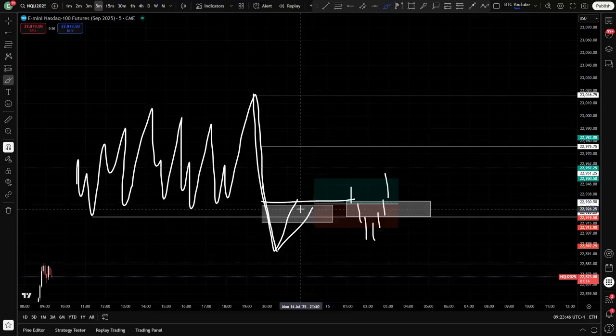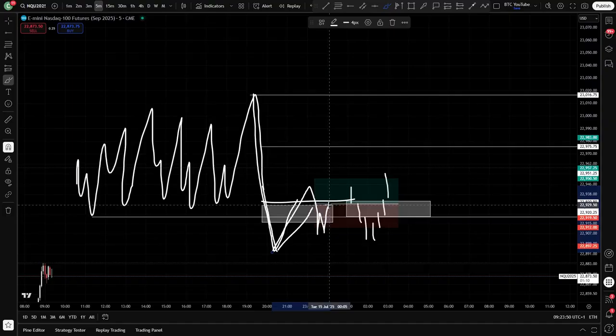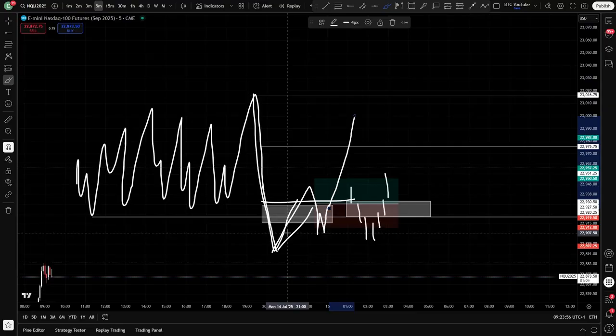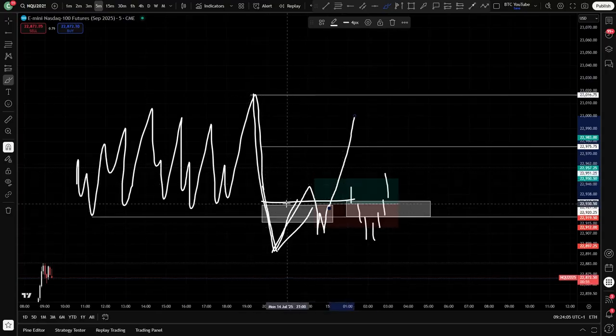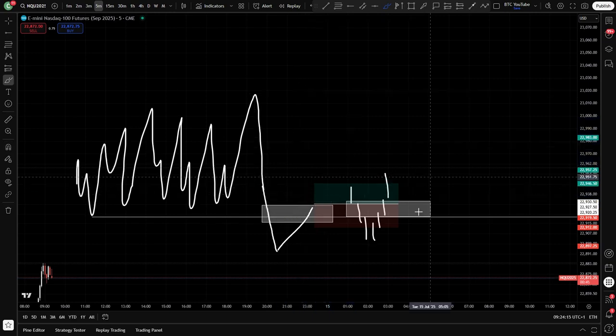Quite often what will happen is you'll get this bounce back up, you'll come down, you'll wick down below this inverted fair value gap like this, and then you'll bounce and continue. So having hard stops, I've actually found it lowers my win rate a very large amount, just because I'd get hard stopped out and then the move would go in my direction, which is obviously a bit of a bummer. And this can happen quite a lot to people. Obviously the market is a stop loss hunting machine, as we know, if you're looking at ICT concepts.